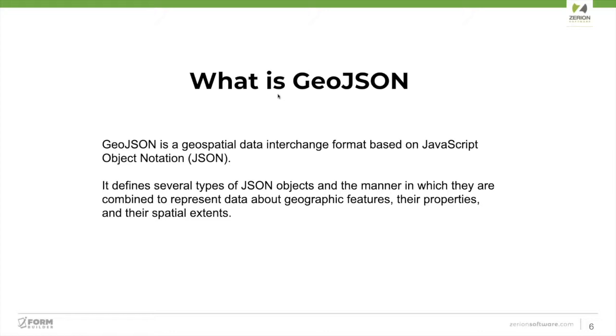So GeoJSON is a universal format that can be consumed not only by ArcGIS, but by other geospatial analysis software, like Google Earth, OpenMap, or Mapbox.